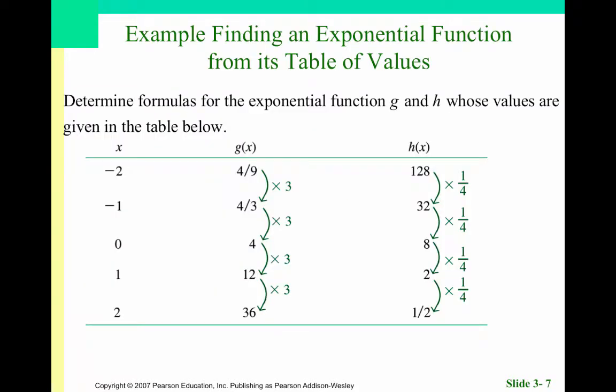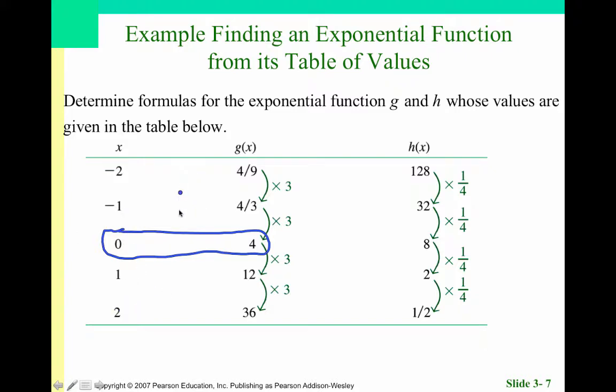Determine the formulas for each exponential function g and h. These are 2 separate problems. X values on the left, g of x values over here. When x is 0, we just said, this will be our initial value. So we're going to use that initial value to determine what a is.